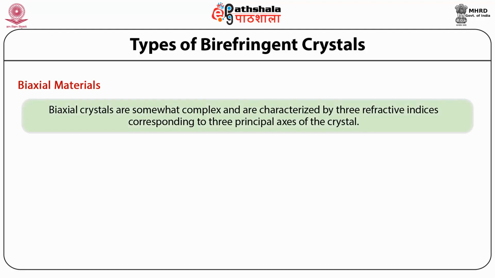Biaxial crystals are somewhat complex and are characterized by three refractive indices corresponding to three principal axes of the crystal. For most ray directions, both the polarizations would be classified as extraordinary rays, but with different effective refractive indices.